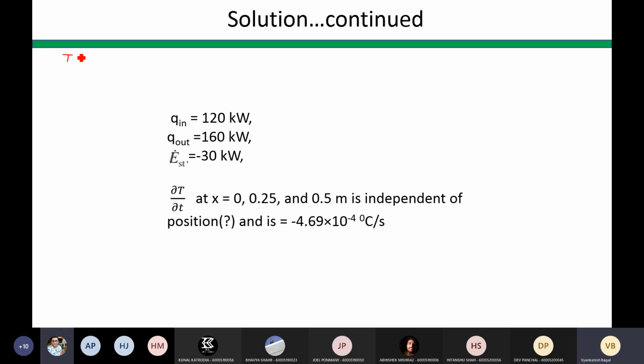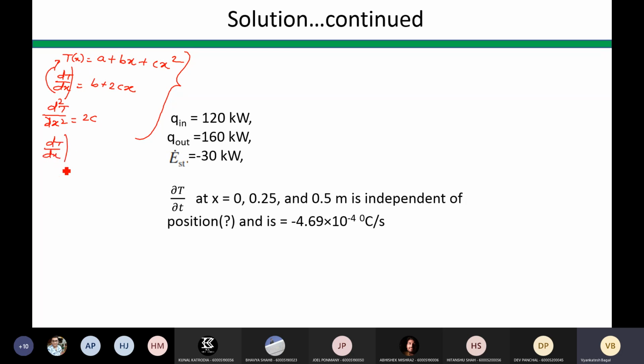So temperature T as a function of x, this equation is given, a plus bx plus cx square, right? So if you take the first derivative, you will write dT/dx is b plus 2cx, right? And if you write the second derivative, you can write it like this, d²T/dx² is 2c, right? So we are talking about this term, the temperature gradient dT/dx.